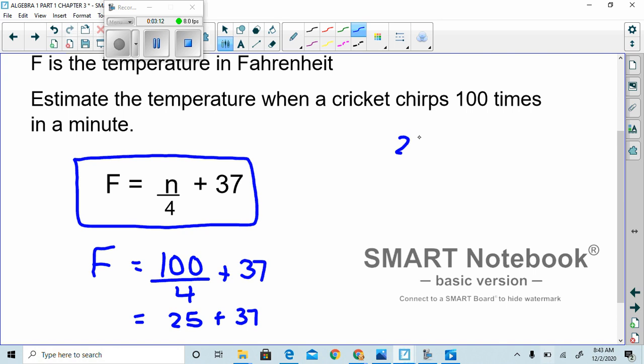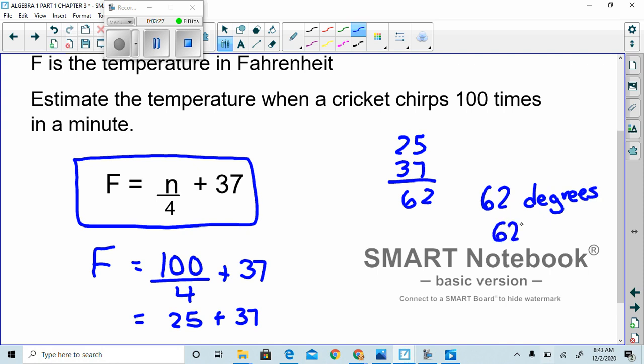Now you take your 25 plus your 37, and you'll see that your answer will be 62 degrees. And that's in degrees Fahrenheit, so you might write it as 62 with a little degrees symbol, Fahrenheit. These are my units.